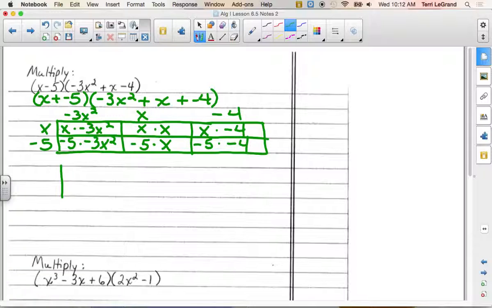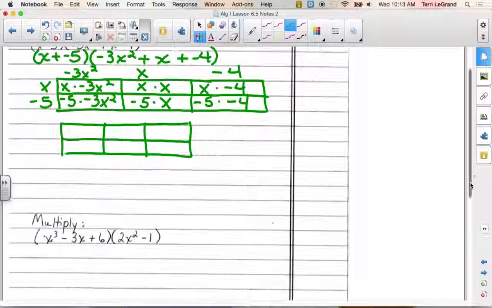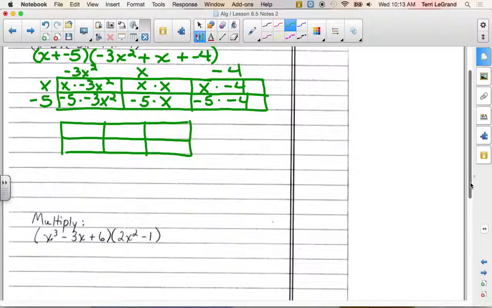Then we'll just go below it and get ourselves the product rectangle. What will the products of all those be? So go ahead and do your multiplying in each of the rectangles and carry it down.